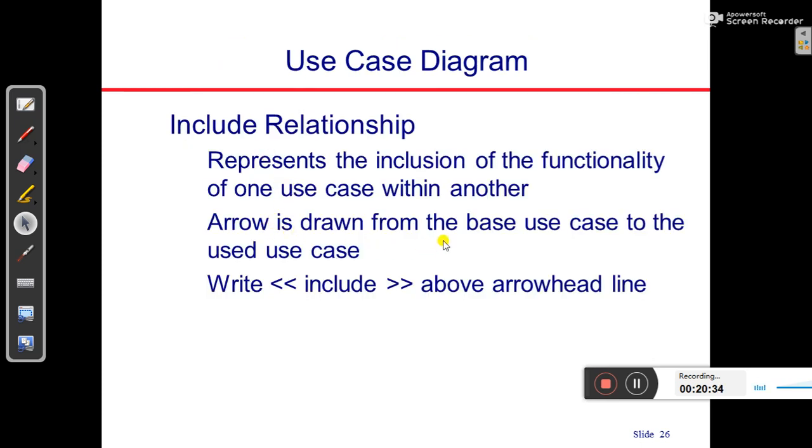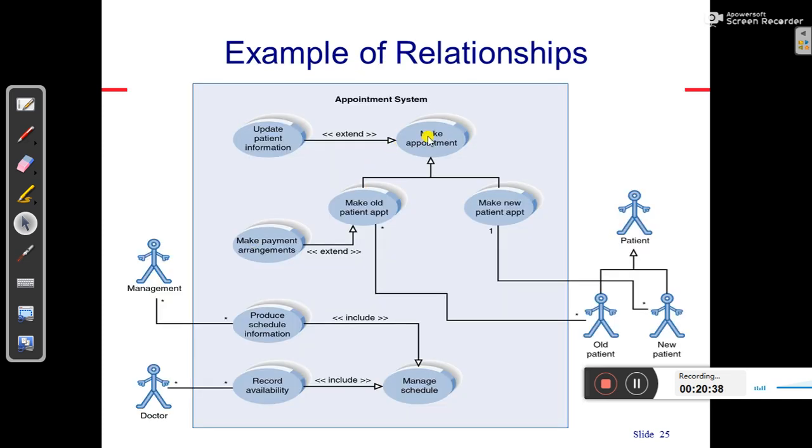An arrow is drawn from the base use case to the used use case. Here this is the used use case and this is the base use case, and that is optional. In case of include that is a must, but in case of extend that is optional.